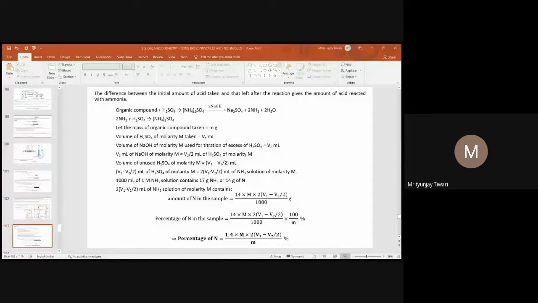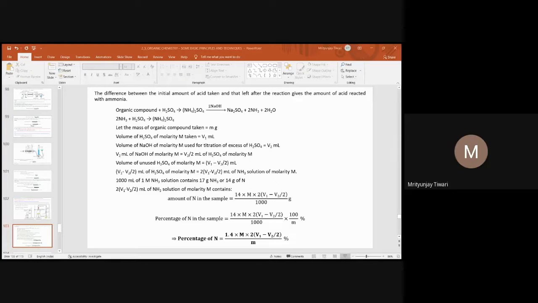We know 1 mole of AgX contains 1 mole of X, so the molar mass of AgX contains 1 molar mass of X. Suppose the molar mass of AgX is M and the molar mass of X is A. Then M gram of AgX contains A gram of X, and therefore 1 gram of AgX contains A divided by M gram of X.